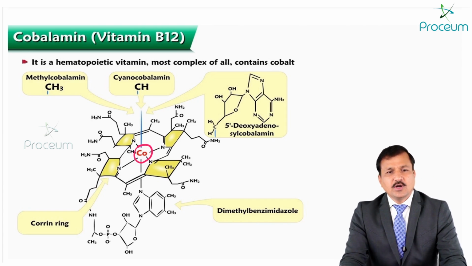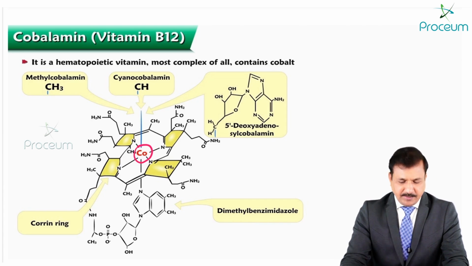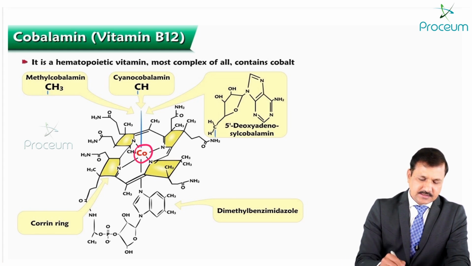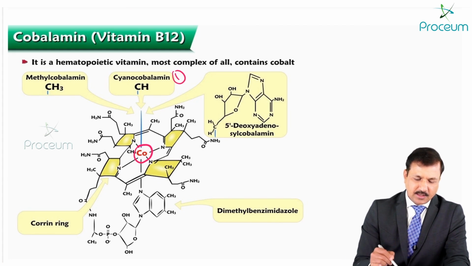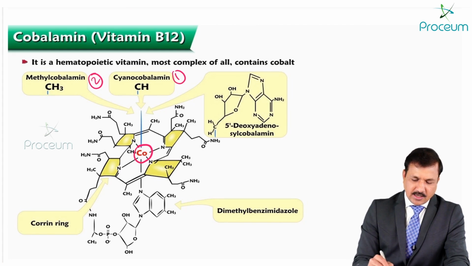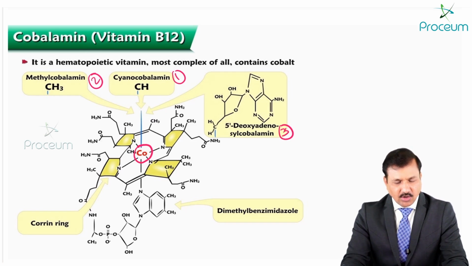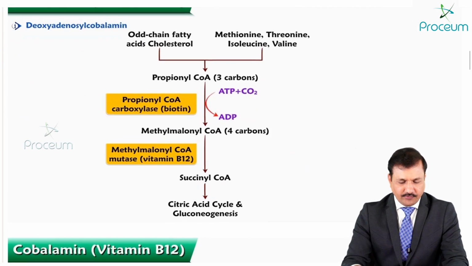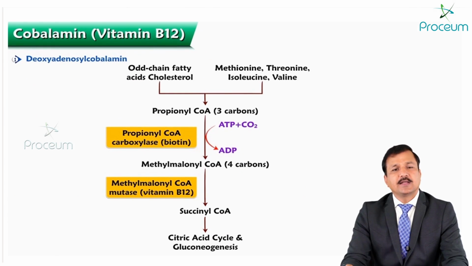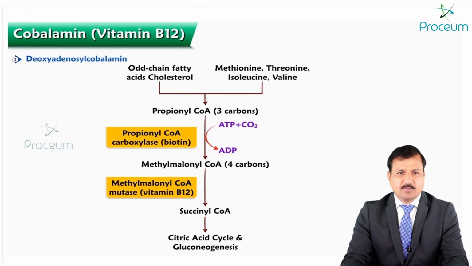Now, there are four forms of vitamin B12. One is cyanocobalamin, another is methylcobalamin, third is deoxyadenosylcobalamin, and the fourth is hydroxycobalamin. So, these are the four forms of cobalamin and they have their own functions in our body. First, let's look at deoxyadenosylcobalamin.